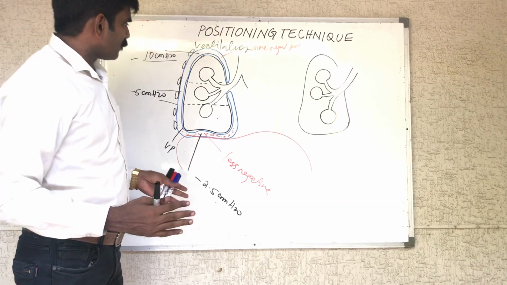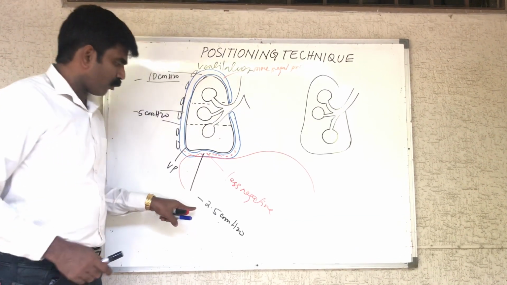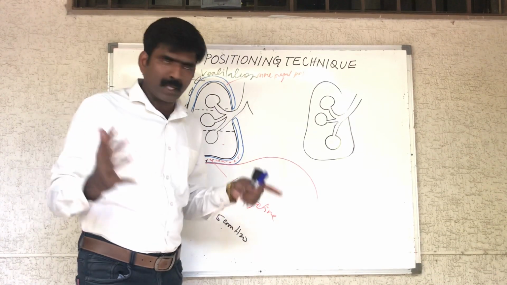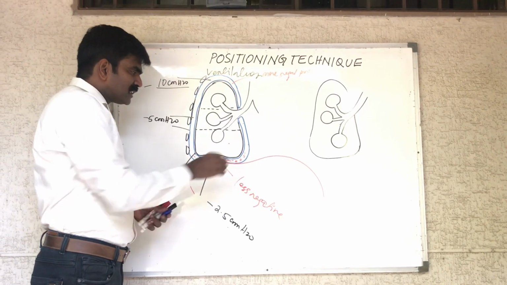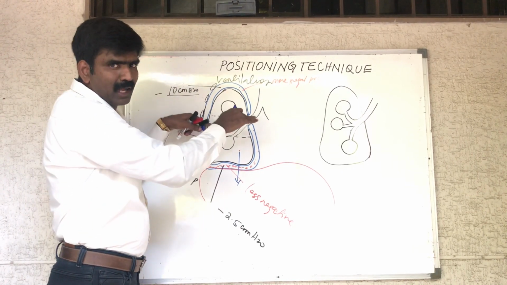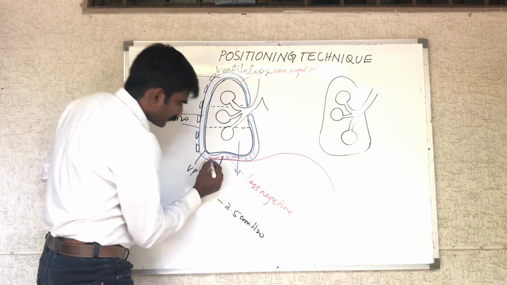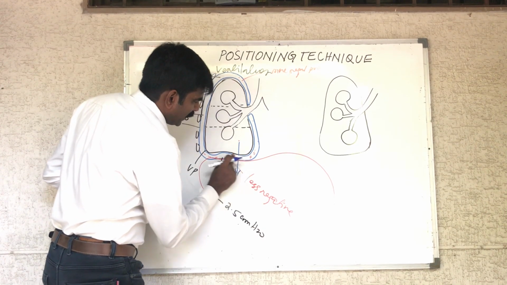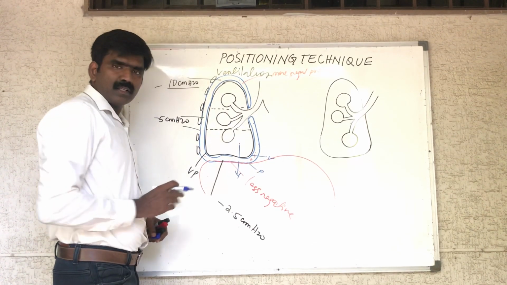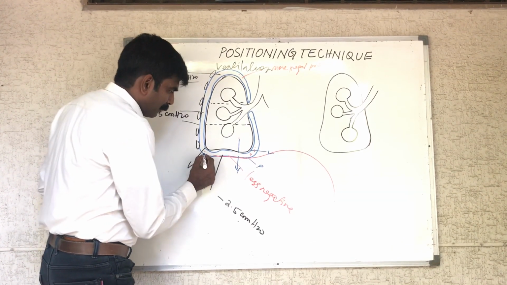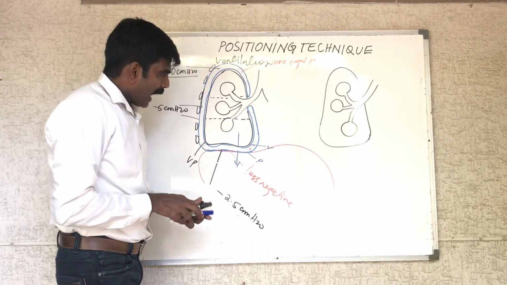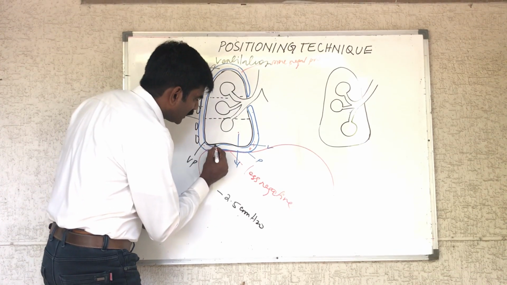So what is the reason for it being less negative? Due to the weight of the lung, gravity pulls the lung towards the diaphragm, and the space between the parietal pleura and visceral pleura is less in the lower zone, because the parietal pleura is closely related to the diaphragm, and the visceral pleura is closely related to the lung.